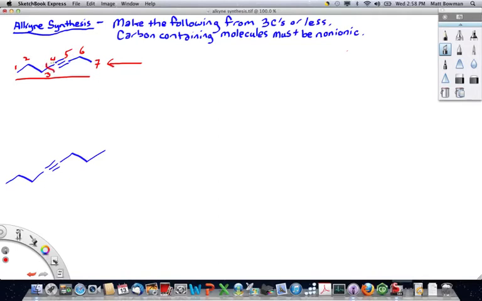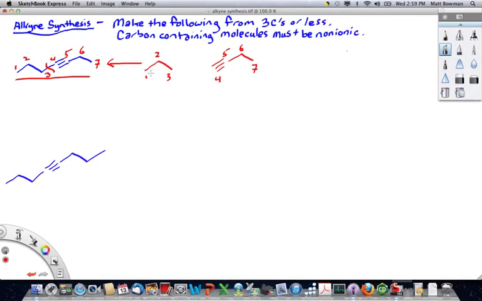Let's go ahead and make this bond here. So if we do that, we split it up like so. We have carbons 1, 2, 3. Here we have carbons 4, 5, 6, and 7.